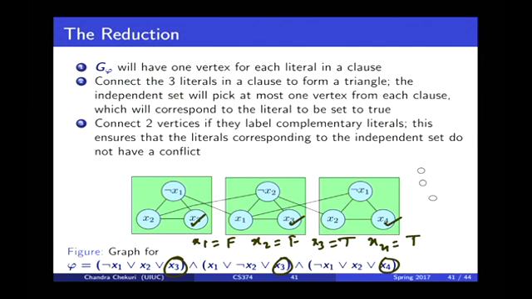If this was the vertex, this must satisfy this clause. To make this satisfy this clause, I should set x1 to be false. So if it gave me this and that, x1 should be false, x2 should be false, and x1 should be false.